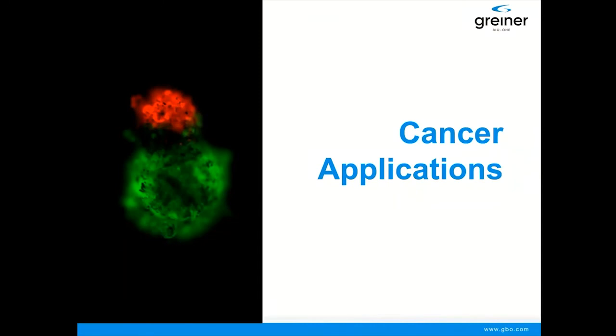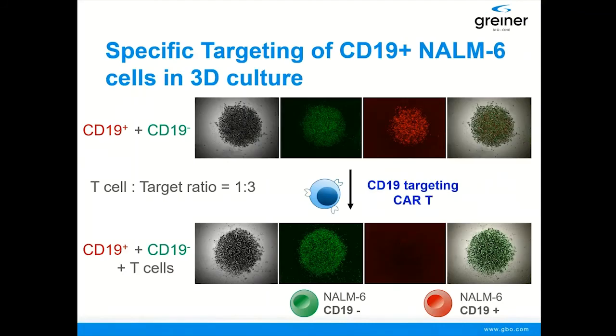Next, of course, if you're talking about 3D cell culture, cancer applications, right? And I'm going to follow the theme of the enabling tool of magnetizing cells, because here we're culturing NALM6 cell line. And NALM6 cell line is a leukemia cell line.